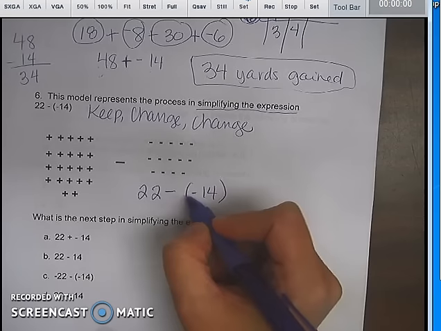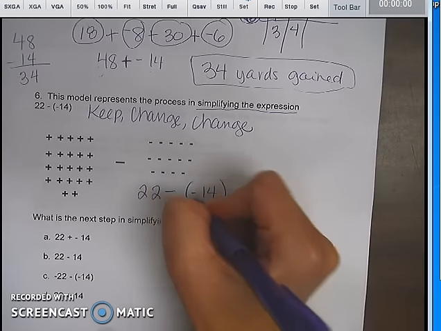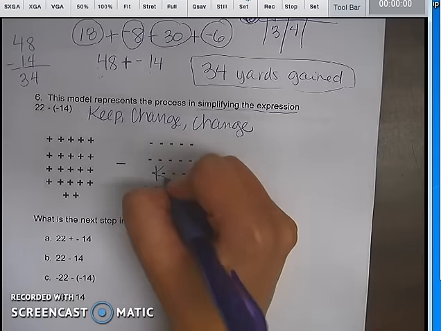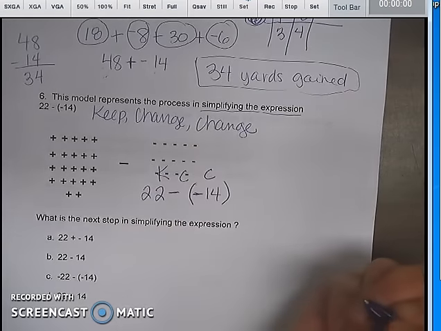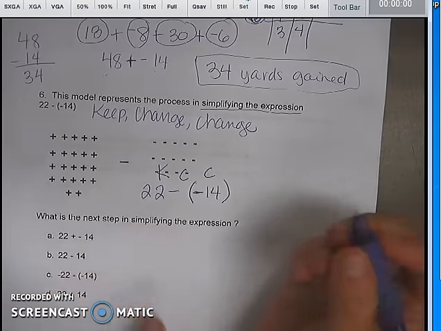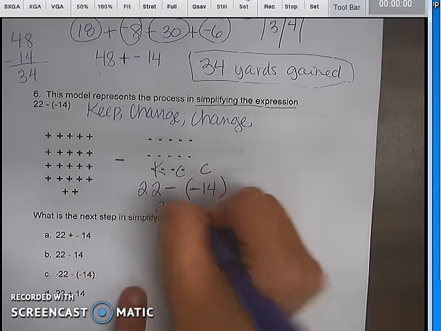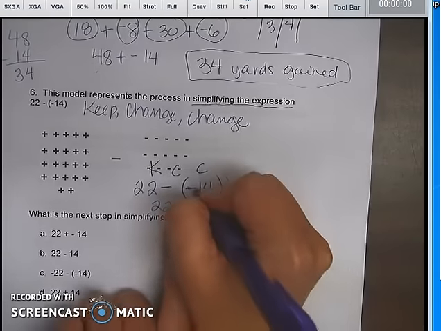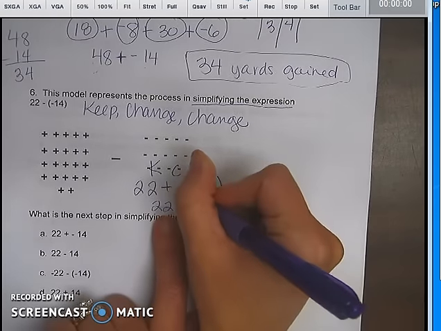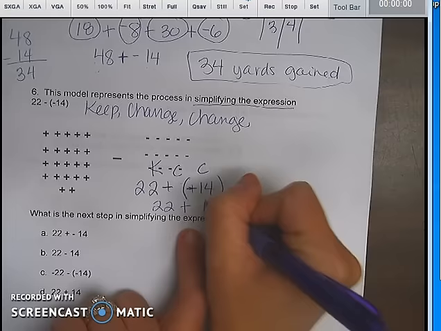Now, why is there a parentheses here? Just to keep this negative from getting lost. Okay, I want to keep it, change it, change it. This stays the same. I'm going to change this to a positive and this to a positive. I changed the subtraction sign to an addition sign, the negative sign to a positive sign.